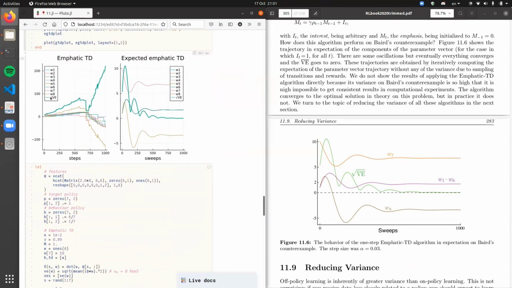But here you can have a look. I have this implemented in expectation, and I can see that results are matching those from the book. And here we have a case when we do sampling, and you can see that these results are kind of crazy.